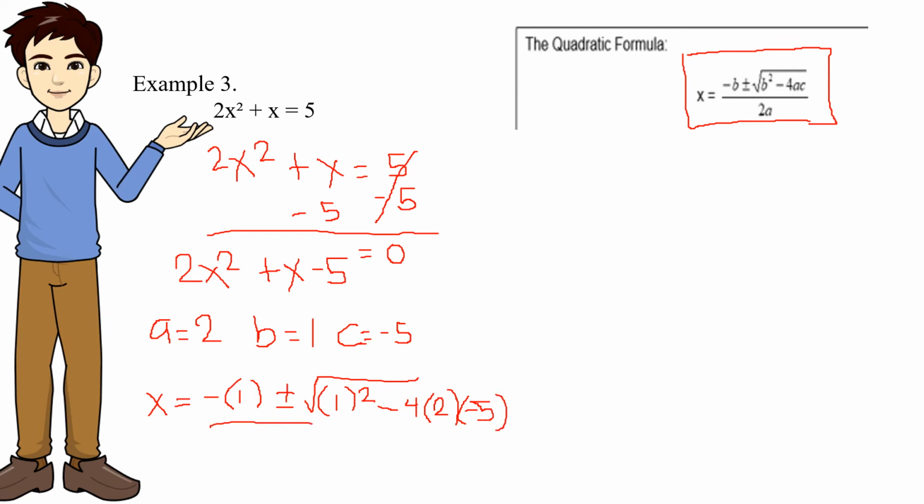All over 2A. So, huwag kalimutan, all over 2 times the value of A. Again, ang A natin ay 2. Then, simplify na natin.